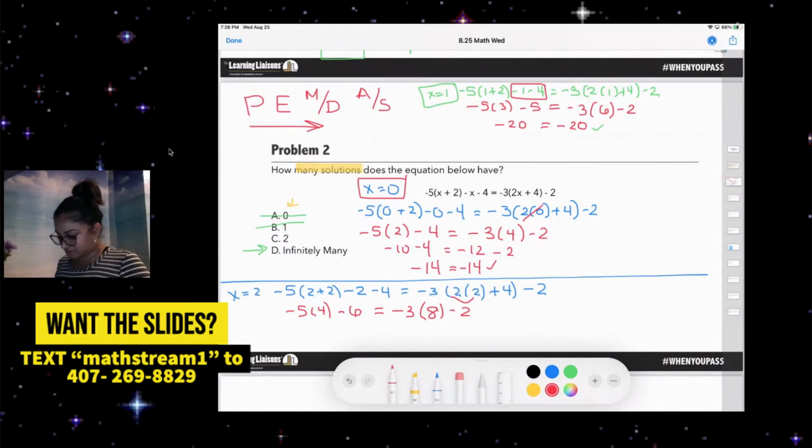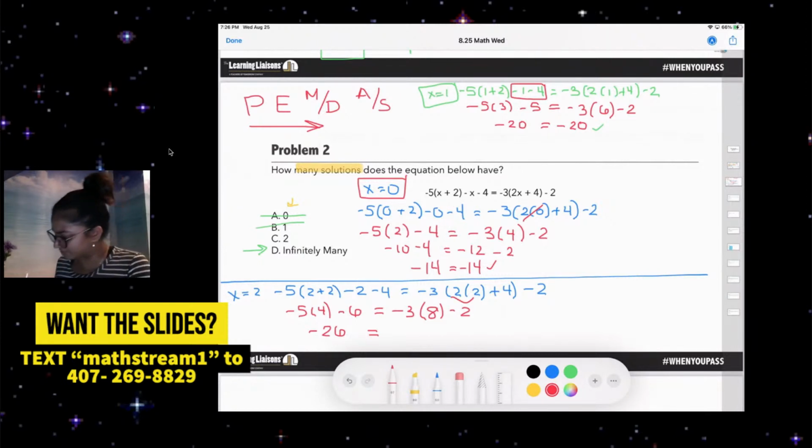So, negative 5 times 4 is a negative 20 minus 6 is negative 26. And then we have negative 3 times 8, which is negative 24. 3, 6, 9, 12, 15, 18, 21, 24.